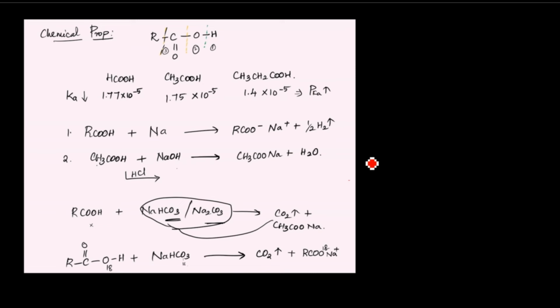Since it is an acid, it can be attacked by a base or metal to form its salts. The important step over here is that if I am treating carboxylic acid with sodium carbonate or sodium bicarbonate, it will release carbon dioxide. That carbon dioxide is from the sodium carbonate or bicarbonate, not from COOH. So an isotopic kind of question can be asked from this part.